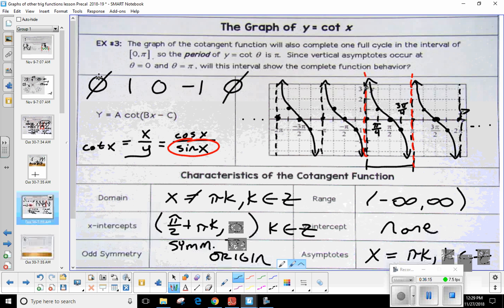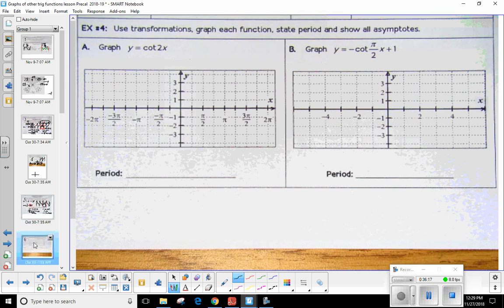So like on this problem at the bottom of your current page, if I want to graph cotangent of 2x, when I create my compound inequality, I'm still going to put the 2x in the middle because the 2 is directly connected to x. But my pair of asymptotes, I'm going to say 0 and pi.